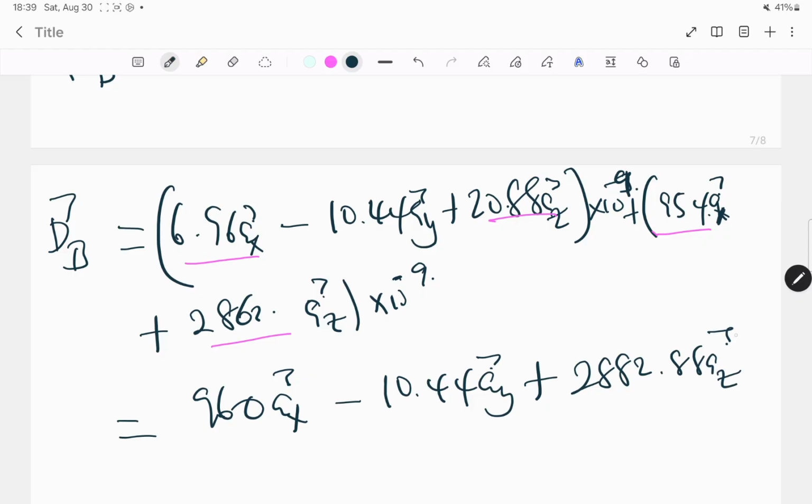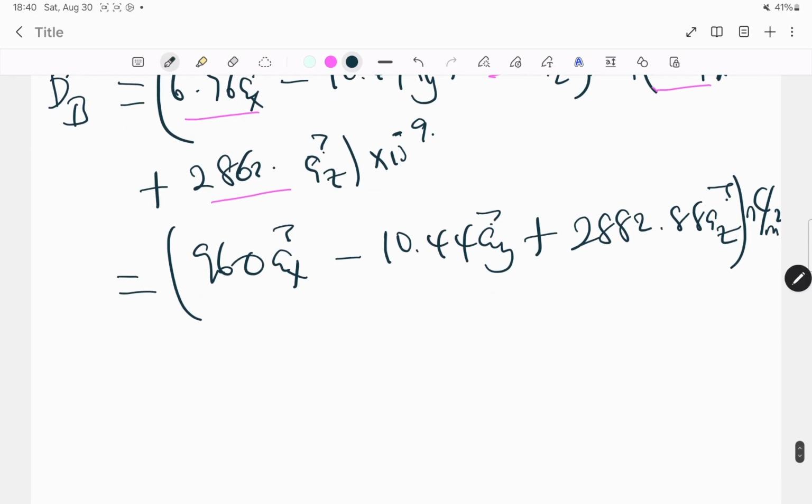So we have this, and all this in what? Nano coulombs per meter square. This is the electric flux density. So we get this along the line.